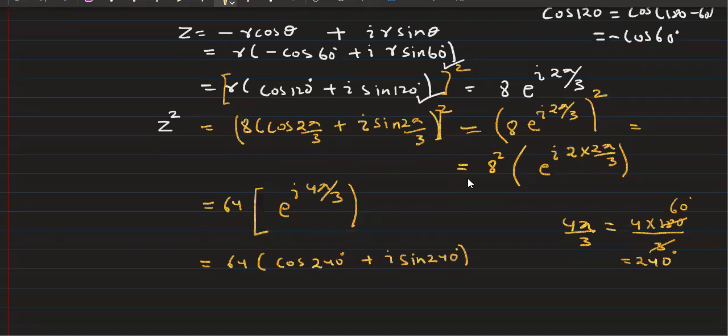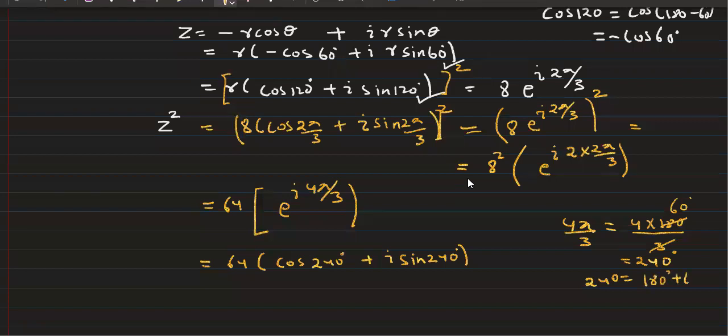Easy or not? Now tell me. And we know that 240 is equal to what? 240 is equal to 360 minus 120 or 180 plus 60. Better to write it as 180 plus 60 degree.